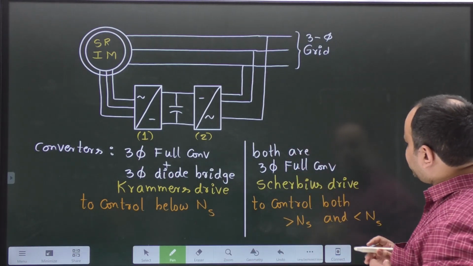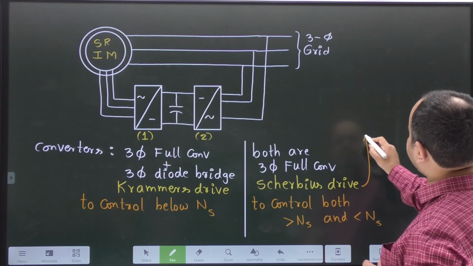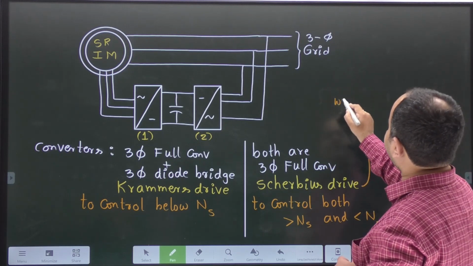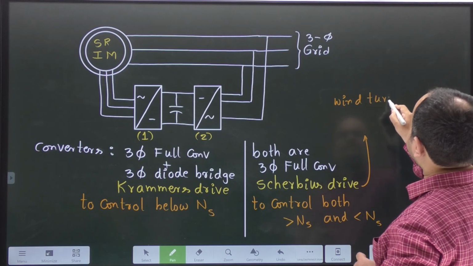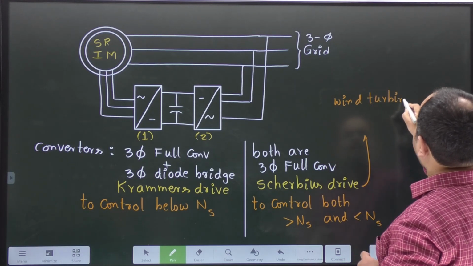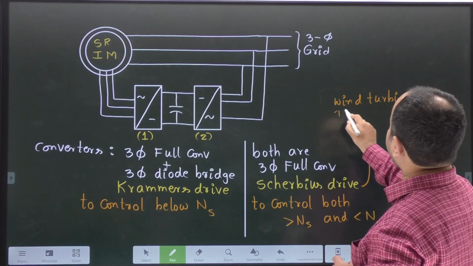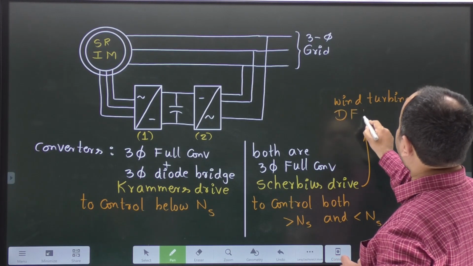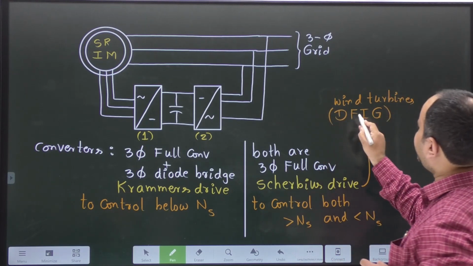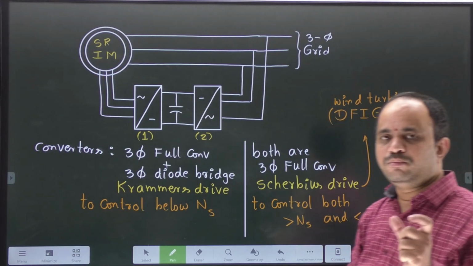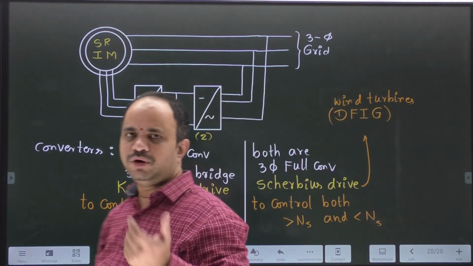Now the more important point is this Scherbius drive is popularly used in wind turbines, and that particular machine is called doubly fed induction generator, DFIG. Why doubly fed?